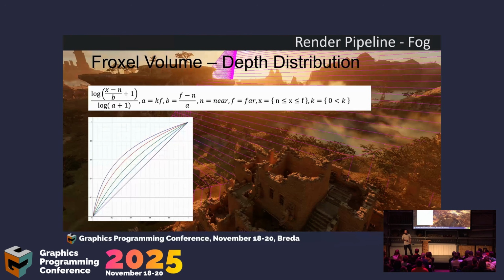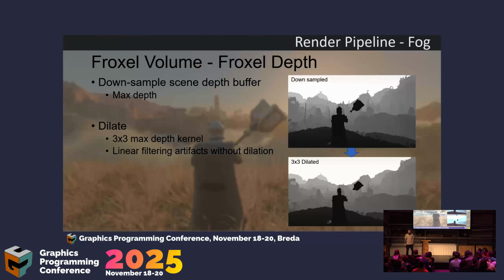The classic logarithmic depth distribution would be too dense near the camera, so our customizable one allows more control over the distribution by tweaking the factor k. For our upper froxel depth limit, we downsample the scene depth to the screen froxel size. And to avoid artifacts during bilinear filtering, we dilate the result with a 3x3 kernel.